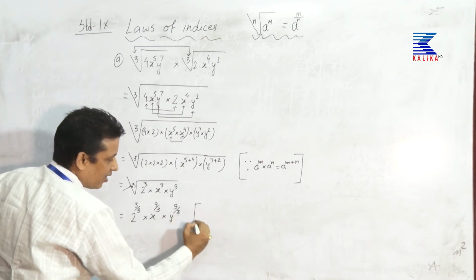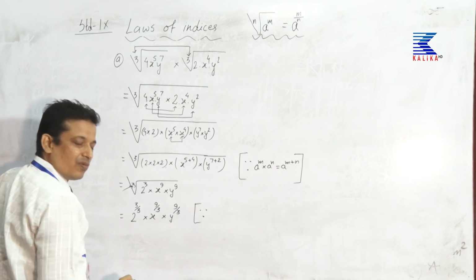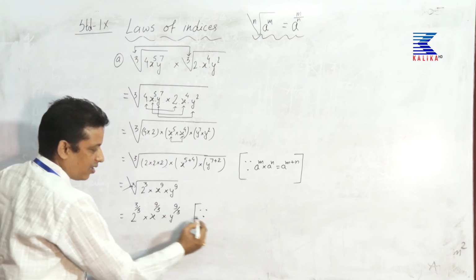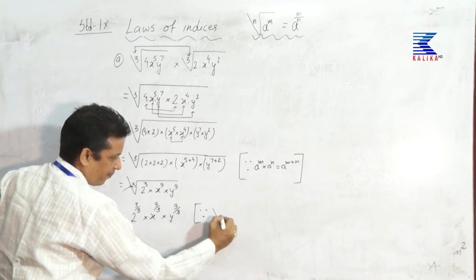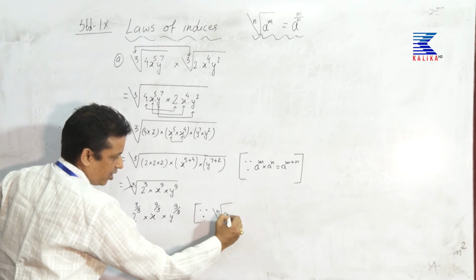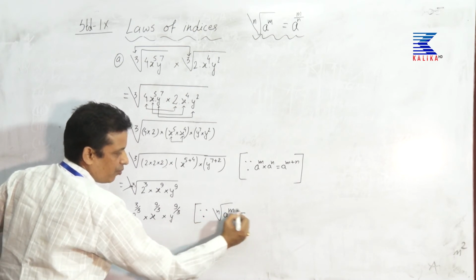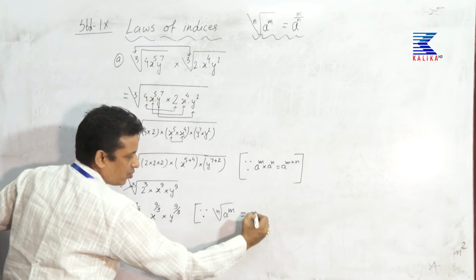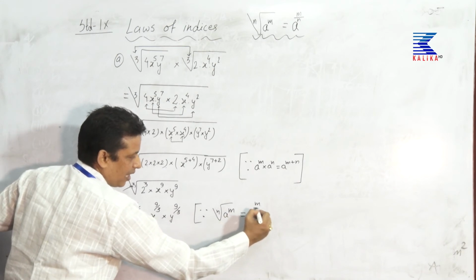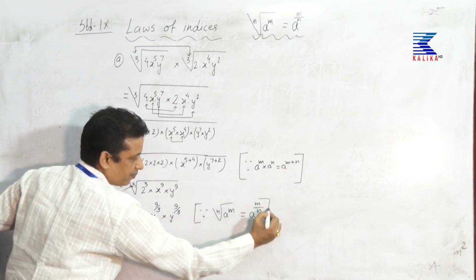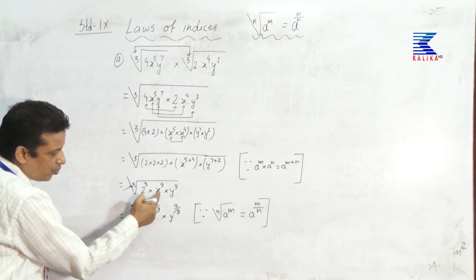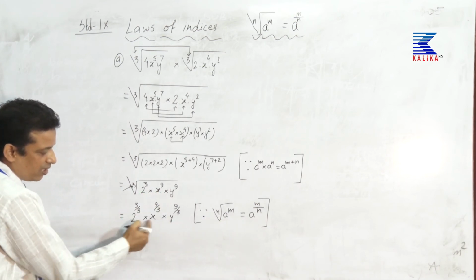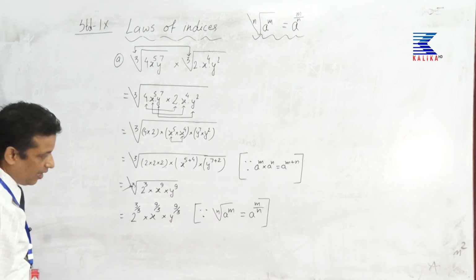So, here let me mention the rule. Which rule is used here? If there is nth root of a to the power m and we are removing the sword, we need to divide the power of a by the order of the sword. Using this rule for the 3 terms separately, we get the result like this.